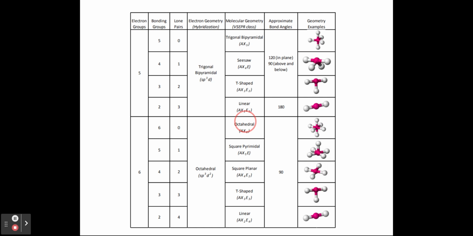So you can see here, octahedral has 6 bonding groups. That means you need 6 orbitals, which means you need 6 hybrid orbitals. And the way you get 6 hybrid orbitals is you take your s, your 3p orbitals, and your 2d orbitals, and you hybridize them, and you get 6 hybrid orbitals. In order to get this shape, in order to bond 5 atoms or have 5 electron groups around your central atom, you're going to need 5 hybrid orbitals.